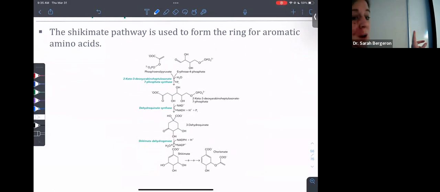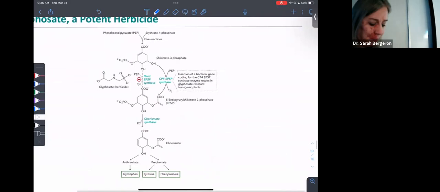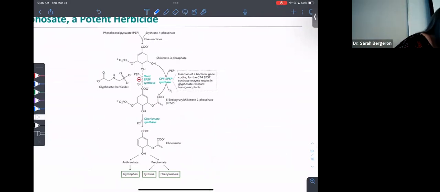So you take two intermediates and go through a condensation reaction, and now we have a long chain. Then we convert that chain to a ring. Now we have a ring. This is why they call it either the shikimate or the chorismate pathway, because of our two intermediates here. But these two intermediates eventually lead to our different aromatic amino acids. So if we keep going on the pathway, we're going to make tryptophan, tyrosine, and phenylalanine.